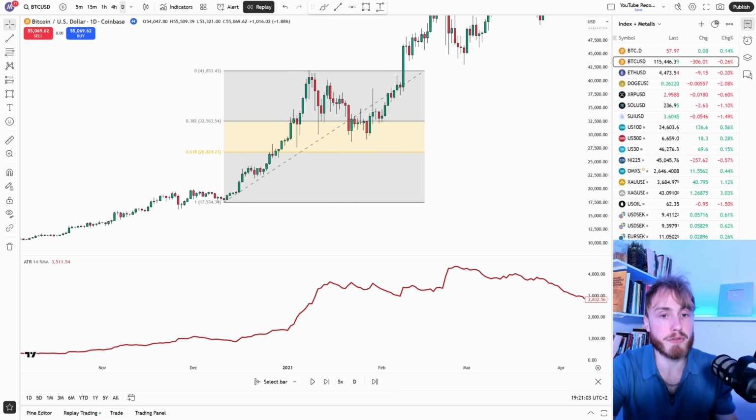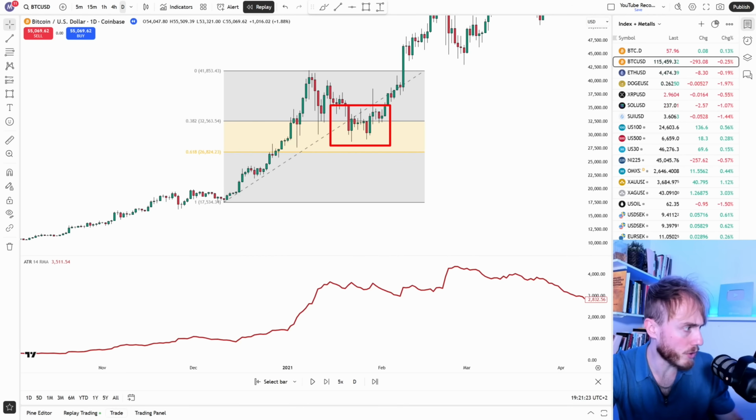And in order to find precise entries, one of my favorite methods is to use candlestick patterns. Later on in this video, I will show you an indicator that automatically detects candlestick patterns. But for now, we have to do this manually. Looking at these candles, you might wonder, how do I know which candles to use for entry?